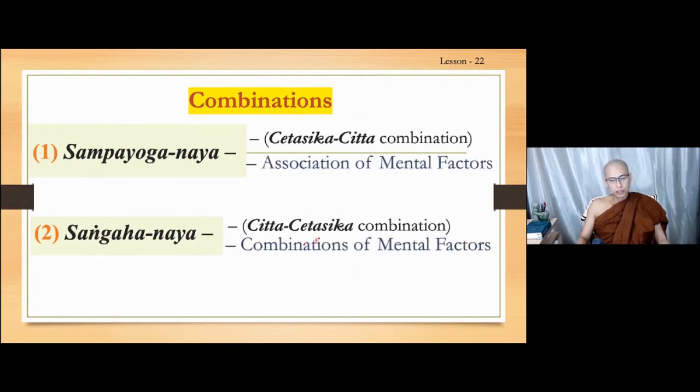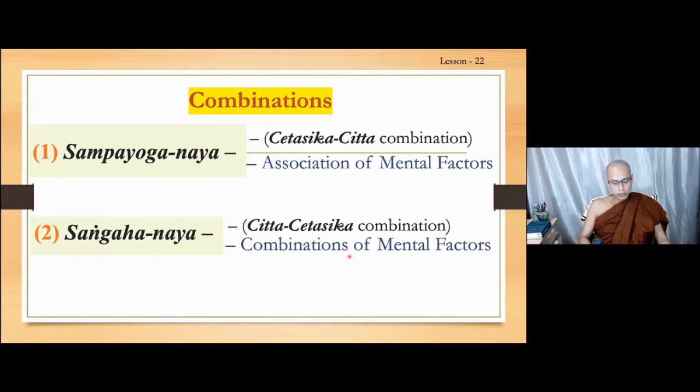According to Bhikkhu Bodhi, these are the association of mental factors and the combination of mental factors. Let's review and keep them in mind before we continue to the mixture method.